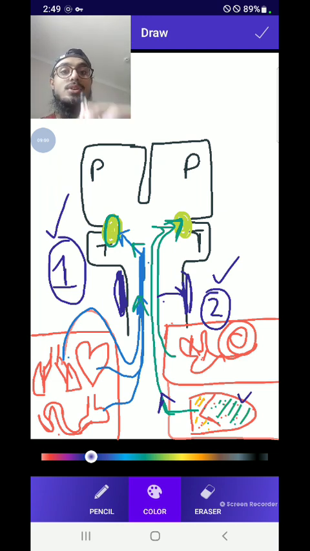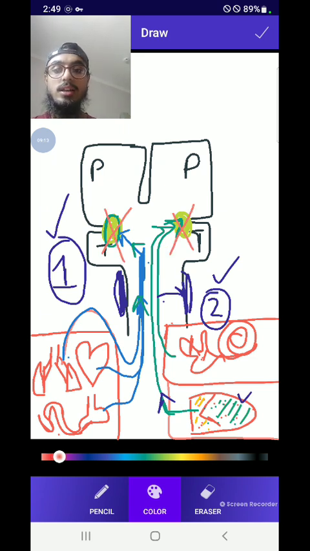So if there is damage to this area, or any pathway under the control of your insular cortex, this is the clinical importance, guys. This is very, very important.